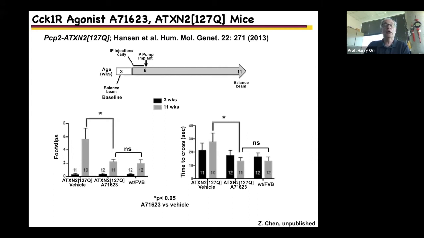So again, looking at 3 versus 11 weeks of age, you can see an improvement both in terms of foot slips as well as time to cross, significant improvement compared to the animals receiving vehicle, such that their performance is now not significantly different from wild type animals, both in terms of foot slips or time to cross.